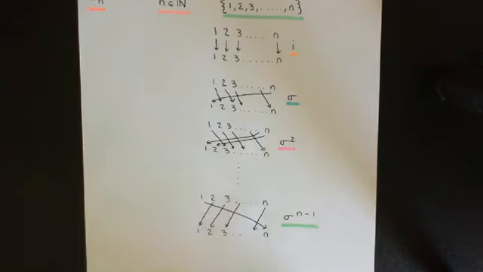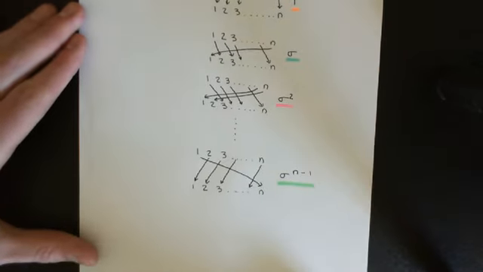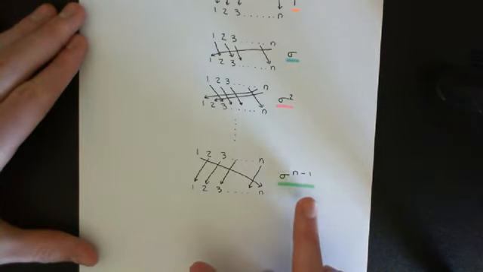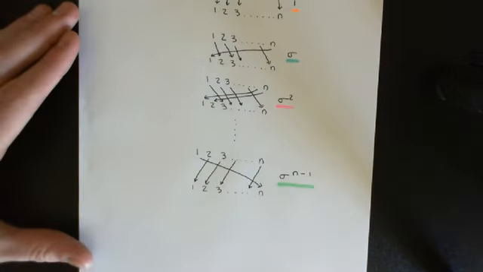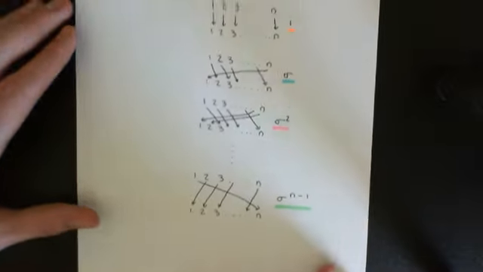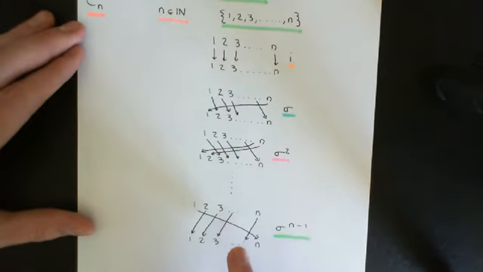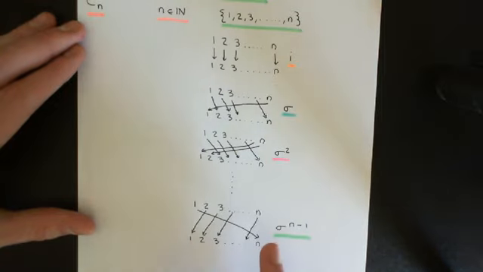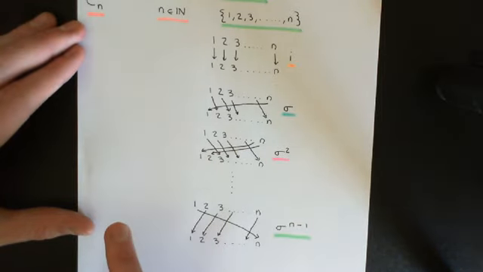This is effectively move everything to the left by 1. So in fact, you can either think of this as move everything to the right by little n minus 1, or you can think of it as move everything to the left by 1. And indeed, every single one of these can be thought of as either moving it along to the right or moving it along to the left.